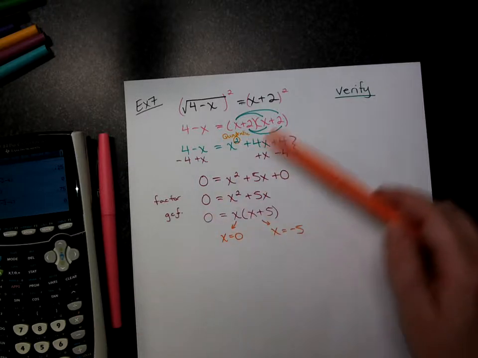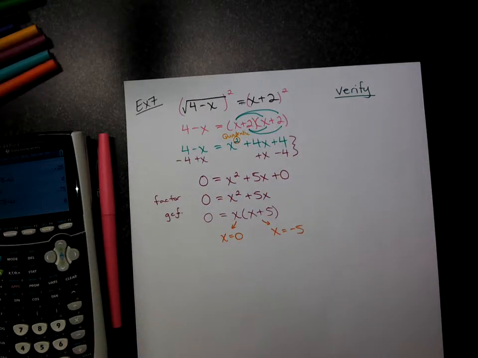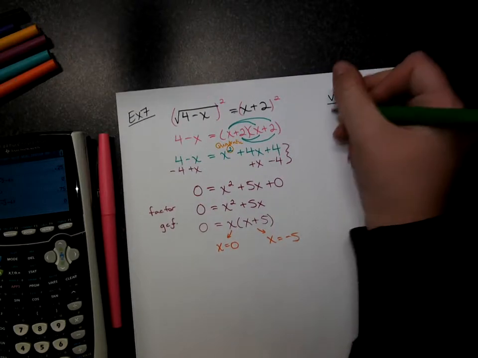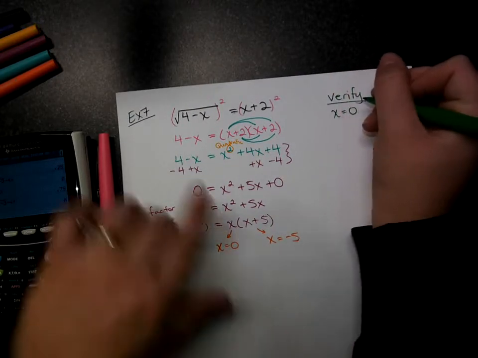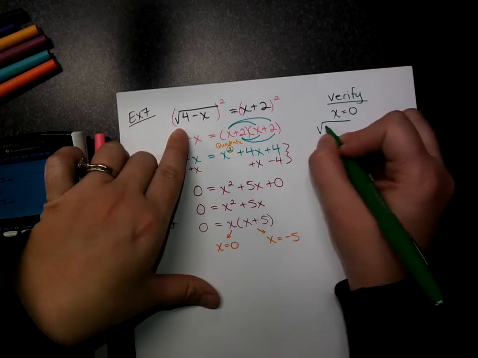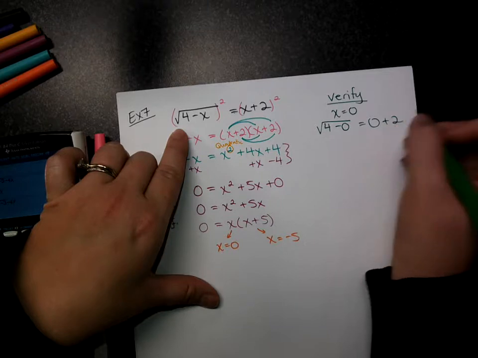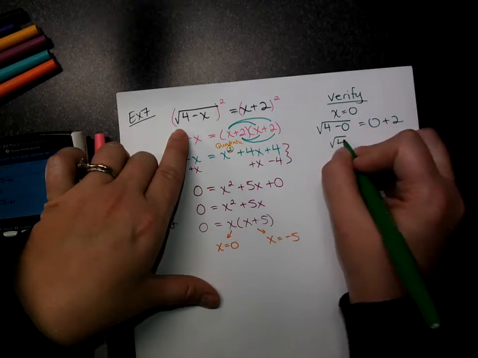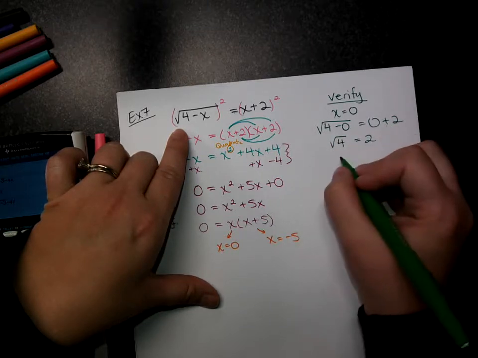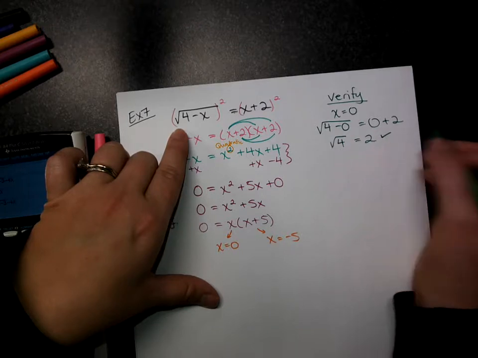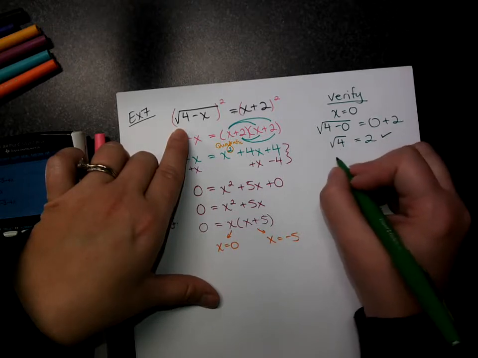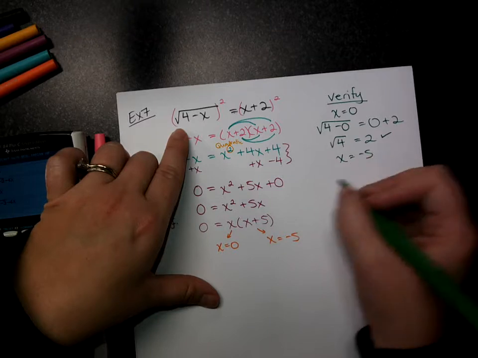You can verify these by hand and plug them in, or you can verify them in the calculator. 0 and negative 5 aren't too bad, so I'm going to just go ahead and do this by hand. For x equals 0, we're going to plug in 4 minus 0 and see if that equals 0 plus 2. 4 minus 0 is just 4, 0 plus 2 is just 2, the square root of 4 is 2. That's verified. Now let's try negative 5.